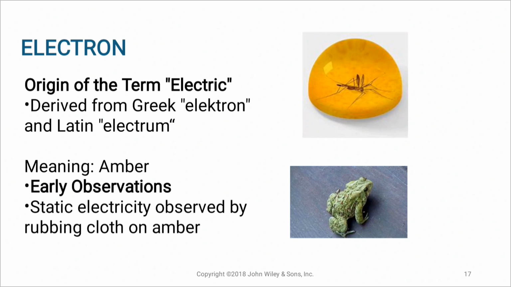So, how does this amber contribute to discovering the electron? Because of the static electricity they discovered as they rubbed cloth on the amber, the scientists before came up with the idea that electrons are everywhere.